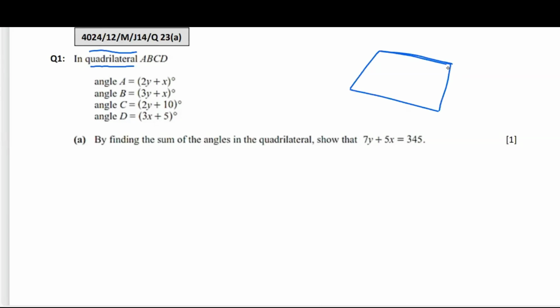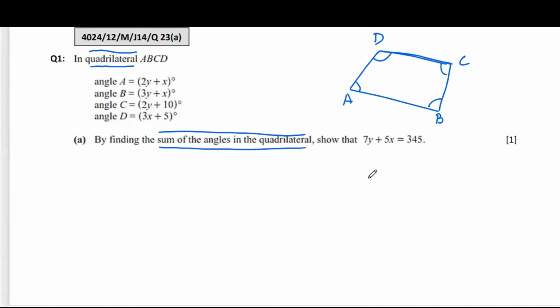In this quadrilateral, there are four angles: angle A, B, C, and D. Angle A is 2y plus x, angle B 3y plus x, angle C 2y plus 10, and angle D is 3x plus 5 here. So by finding the sum of angles in the quadrilateral, you should know what is the sum of interior angles of a quadrilateral.